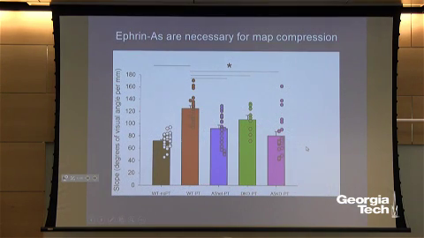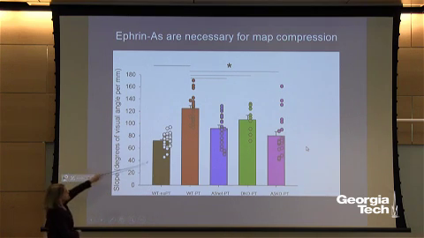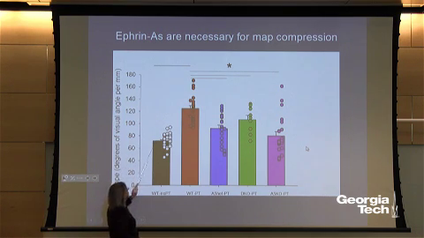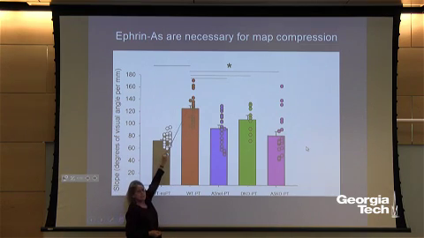But with the absence of the TKOs where we could not map the slope, we see the slope of the map, so here's our regular guys, right? So the slope of the map is about here. In the wild type animals that have the ablation, the slope has to get steeper to get all the retina represented there.